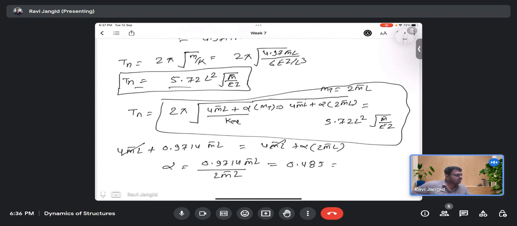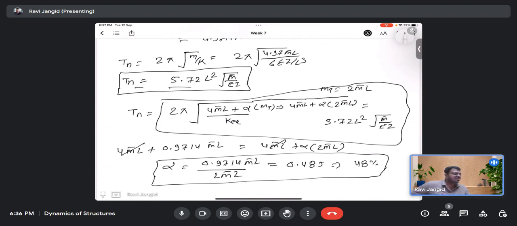So we need to consider 48% of the total mass to get the same time period. Did you get it?